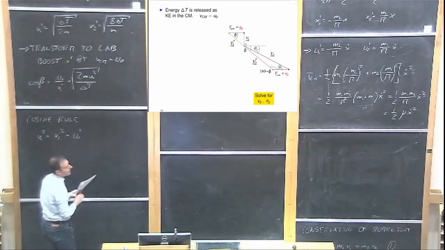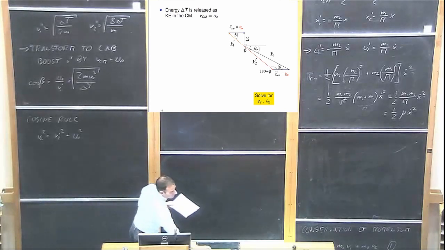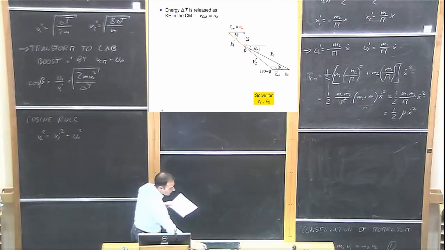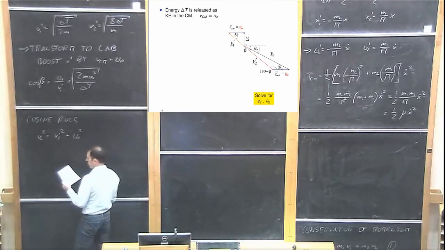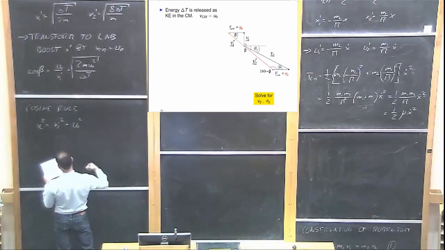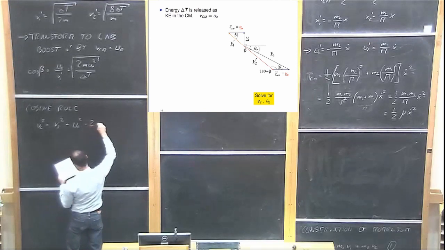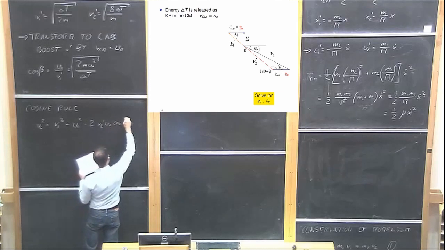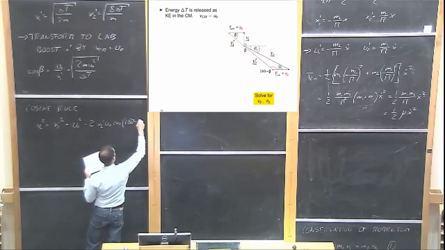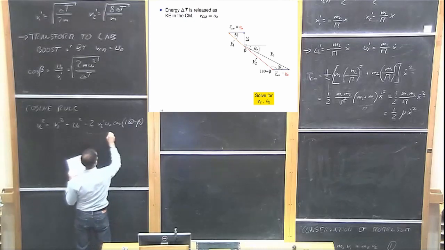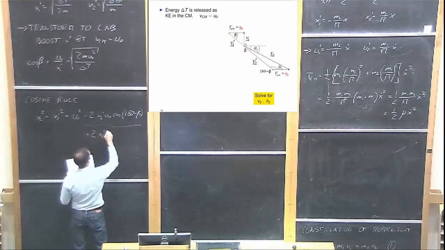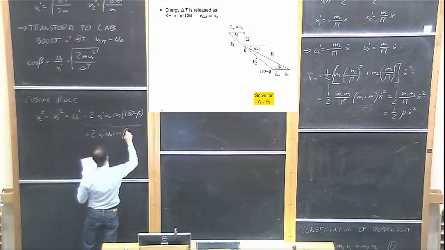I'm in the lower triangle now, dealing with V2 here, minus 2 V2 prime U naught cos of 180 degrees minus beta, and of course cos of 180 degrees minus beta gives plus 2 V2 prime U naught cos beta.